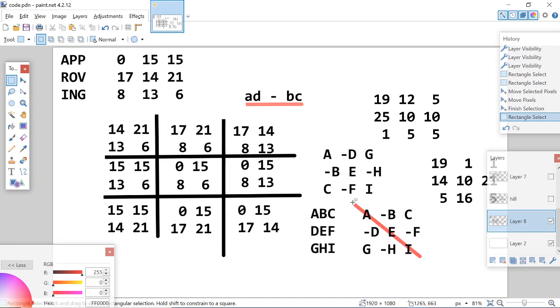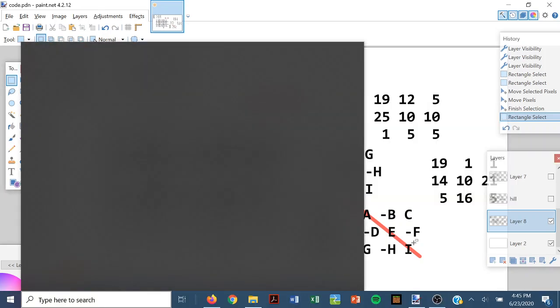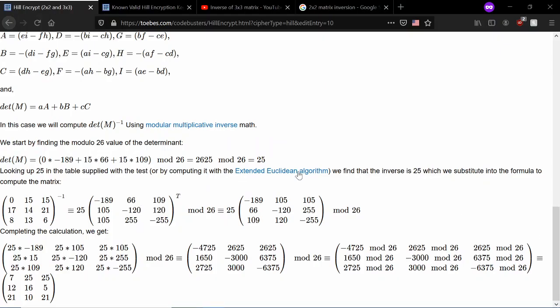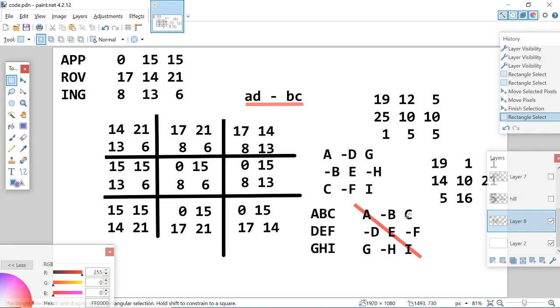The next step is to then flip a couple of them. Then you basically can draw this line here. These ones stay the same. Pretty sure. Let me double check. No, yeah, so these ones, A, E, and I, leave them in the same place. For 2 by 2 we flip them, but in this case you don't.